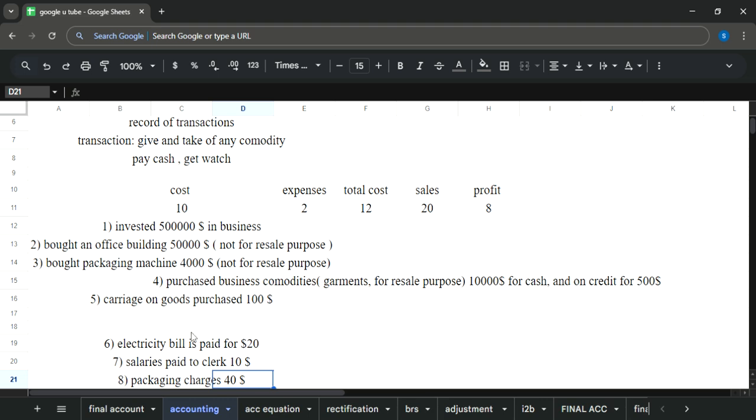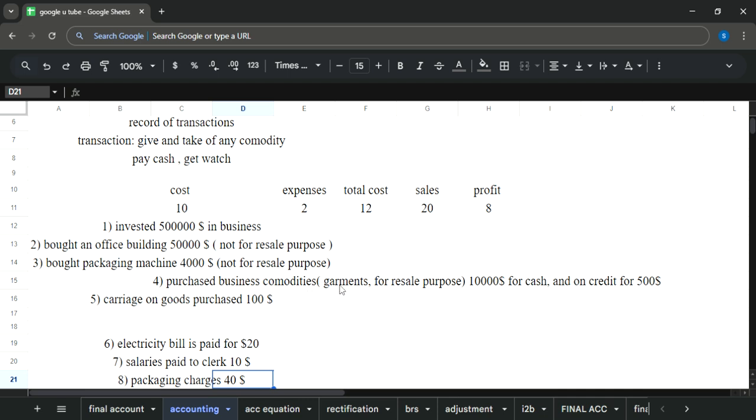That is why I have left a little space in between the fifth and sixth entry. These are expenses and you cannot do your business smoothly without having these expenses. Suppose you are not going to pay your electricity bill, so what will happen? Your office building electricity would be closed, and you will not be able to operate the packaging machine. Although these expenses are your operating expenses, they are not directly related with your trading.